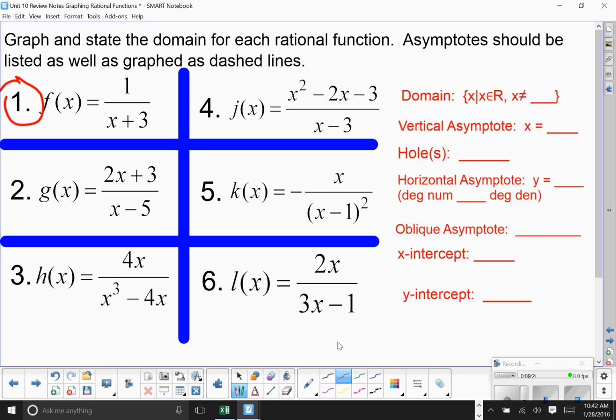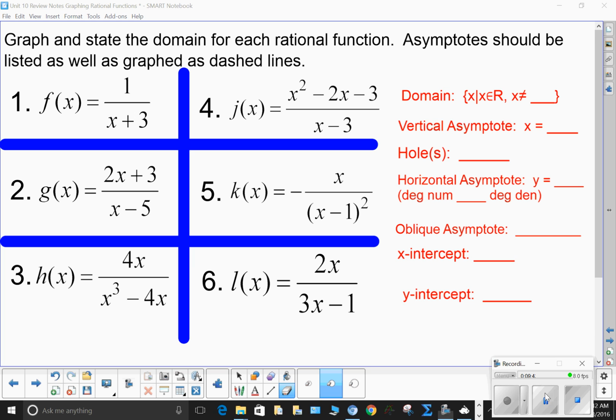Then if there is no horizontal asymptote, is there an oblique asymptote? Fill it in, the x-intercept, y-intercept. And then use your calculator, find some points, and graph them. Okay, go ahead, pause the video, and work on these 6.